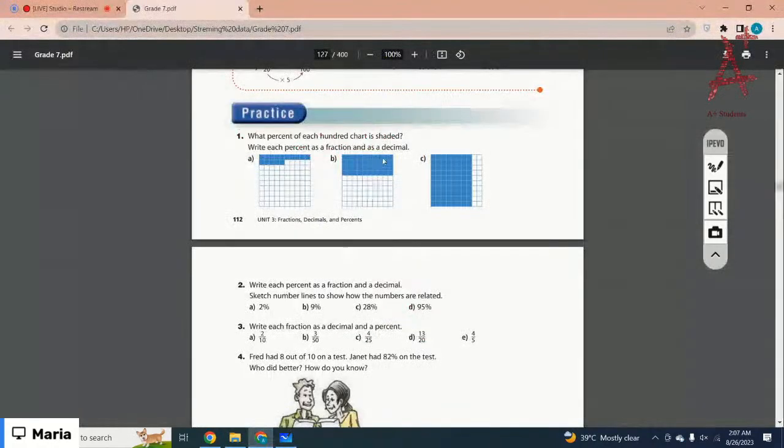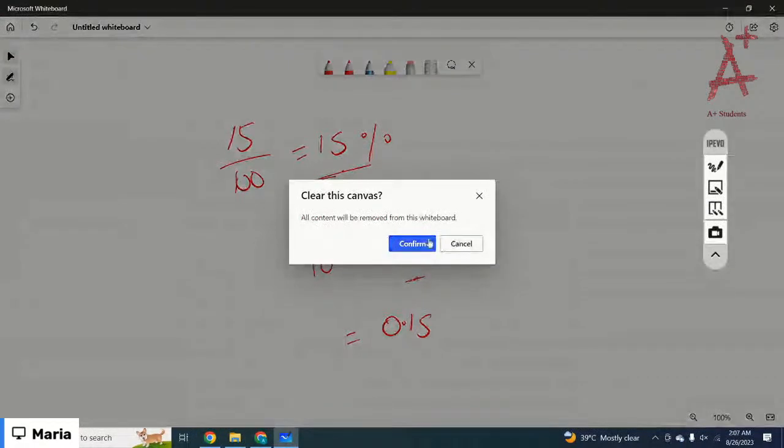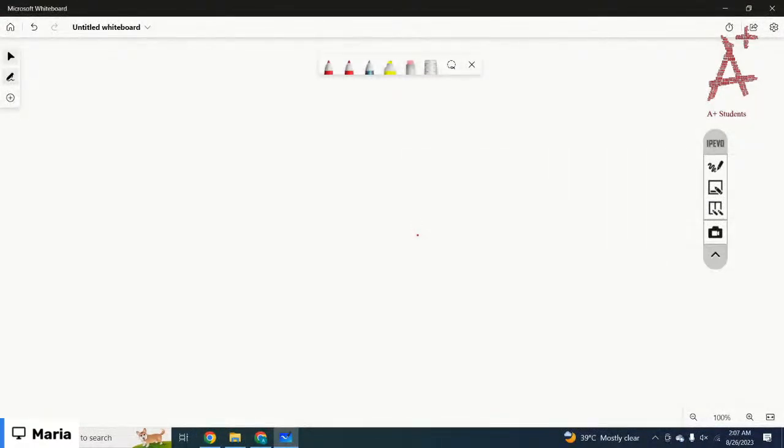Okay, if you look at the B part, one, two, three, four of the lines are colored. It would be 40 over 100, right? It would be 40 divided by 100.